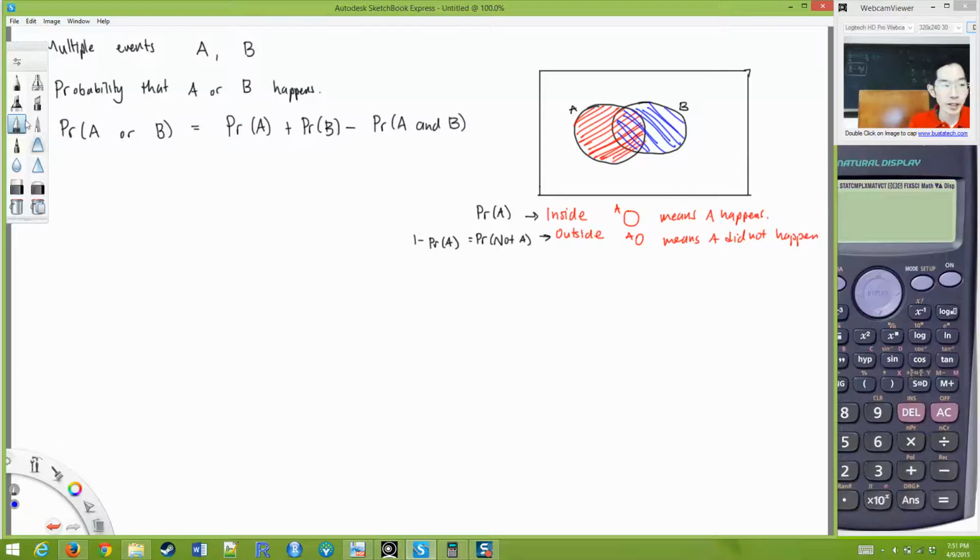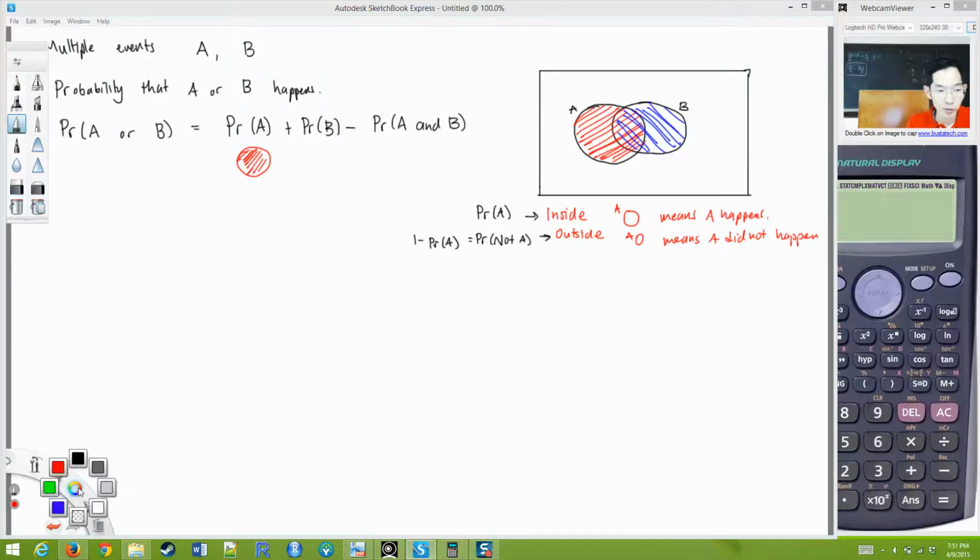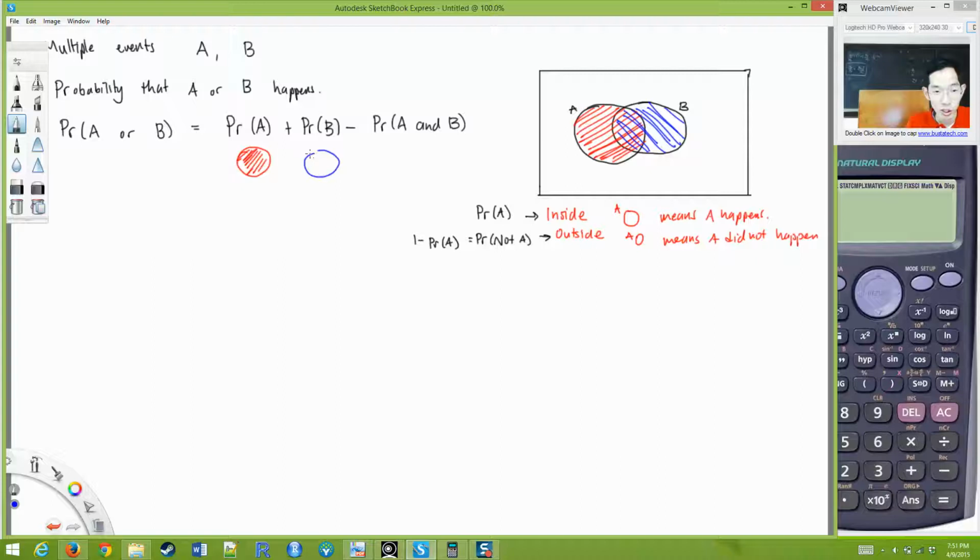So if I were to add all of these together, probability of A would be what's inside the red circle. Probability of B would be what's inside the blue circle. And if I just added those two together, it would be more than what's covered there. So I have to subtract off the overlap. So there's some overlap here, and that's why we see probability of A plus probability of B minus probability of A and B.